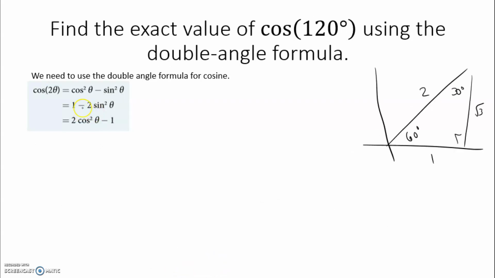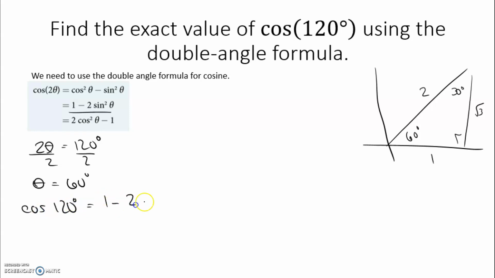Okay, so let me show you how to work out this second one. Same thing, we're going to take 2 theta, set it equal to 120, and we already know that this is going to be 60. Okay, so I'm going to plug in 60 wherever I see theta. So we've got cosine of 120 is the same thing as 1 minus 2 sine squared of 60. So 1 minus 2, and then sine of 60 is going to be square root of 3 over 2.